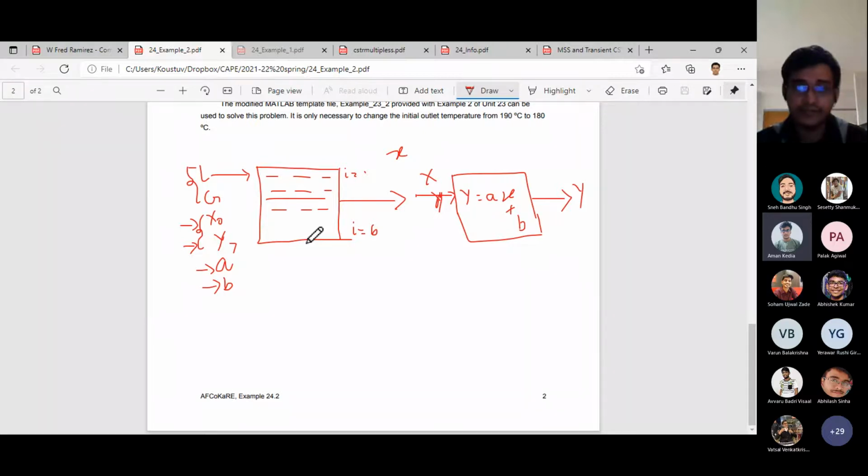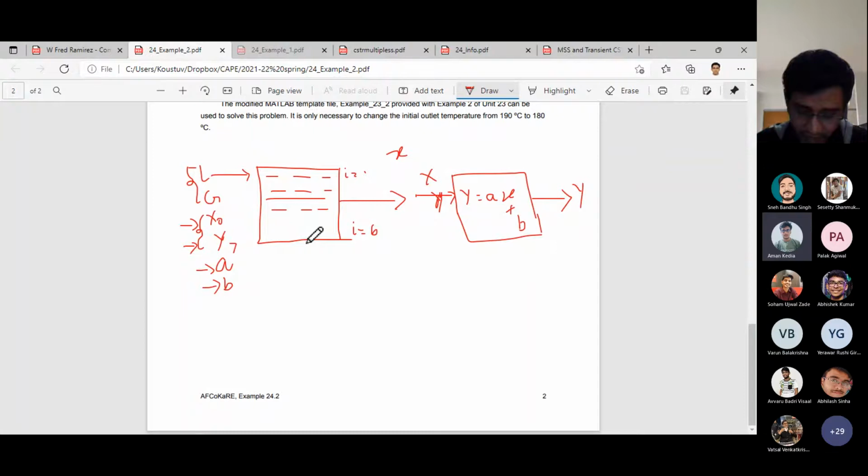For example, in the first class we have seen that they have to be solved simultaneously. If you remember the tank problem, where the flows are governed by the valve operations, there we have seen that you can have 3-4 state variables which characterize the process.